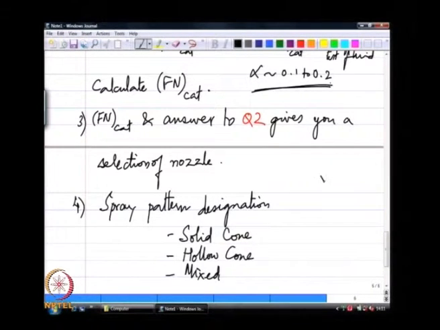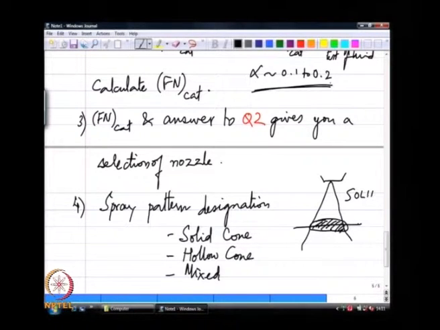So, essentially a solid cone spray nozzle would be where if I took a disc, the entire disc has drops in the cross section. This is an example of a solid cone.